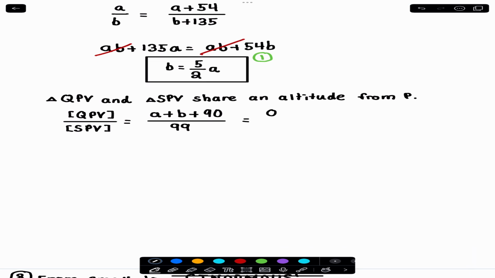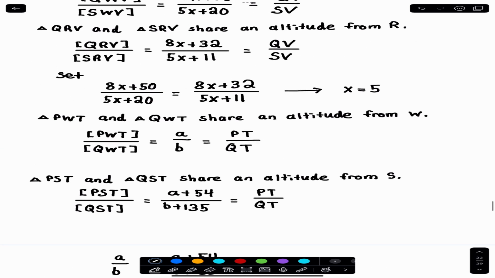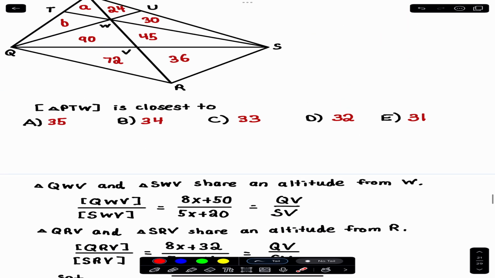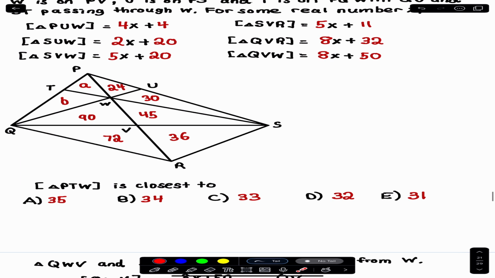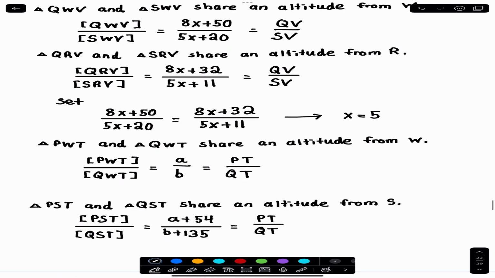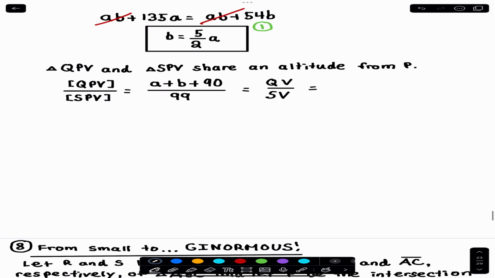And this is equal to QV over SV, which is equal to 90 over 45. I sort of went a little fast there, so let me actually write that out again.